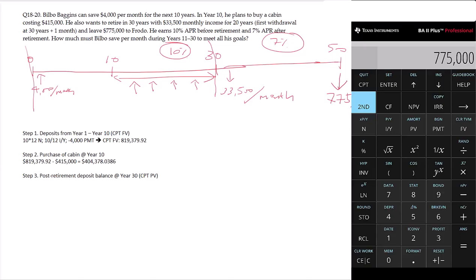Bank is always the other side of this work. So 775,000 still comes from that side to your pocket. So 775 plus or positive becomes your future value.